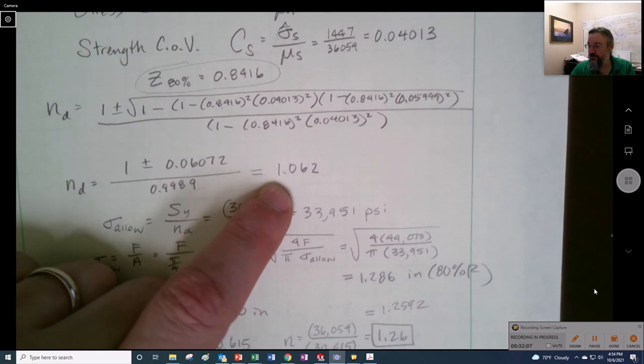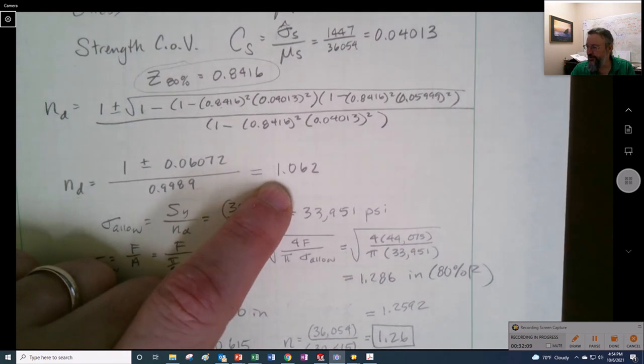Then what I end up getting for my safety factor, when I plug that into here, is my design factor, 1.18. That's what I need. Oh, there you are. There's the Z for that.